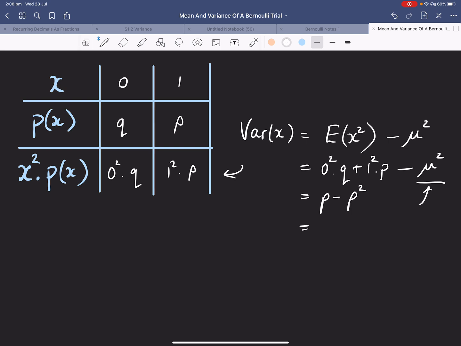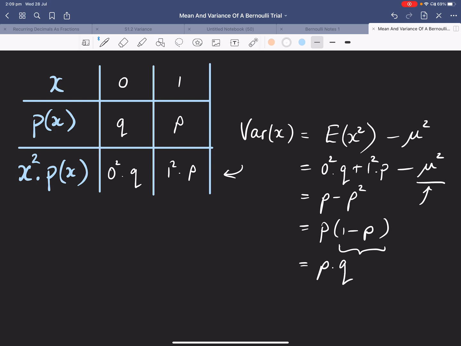So the expected value is P, so the square of the expected value is P squared. Sometimes you'll see that written as P outside of 1 minus P, and we should recognise that 1 minus P is the same as Q. The variance is equal to PQ. Now that's interesting.